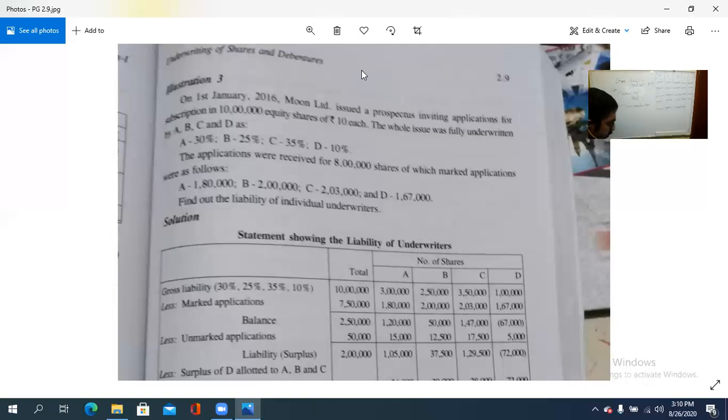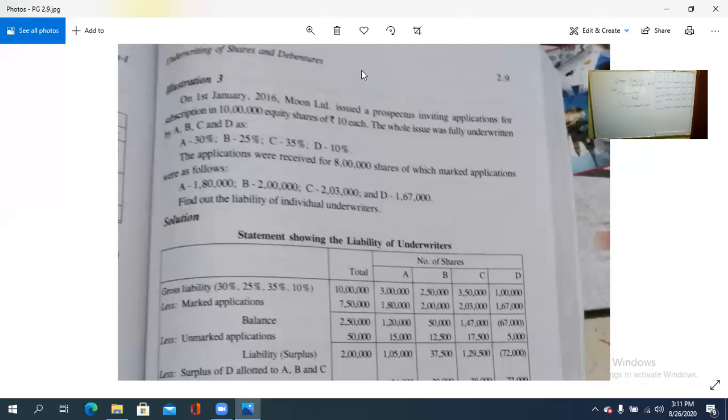Then for D, 67,000 negative, and minus 5,000 more, so it is minus 72,000.